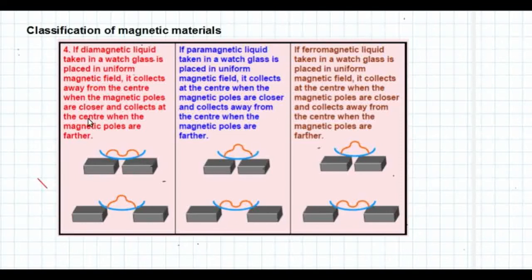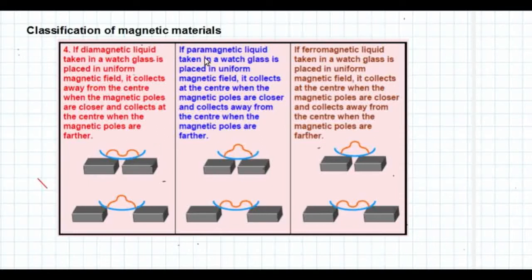It collects at the center when the magnetic poles are farther. So the concentration is more at the center when the two poles are farther, and when the two poles are closer, the concentration of this diamagnetic material will be as shown here.